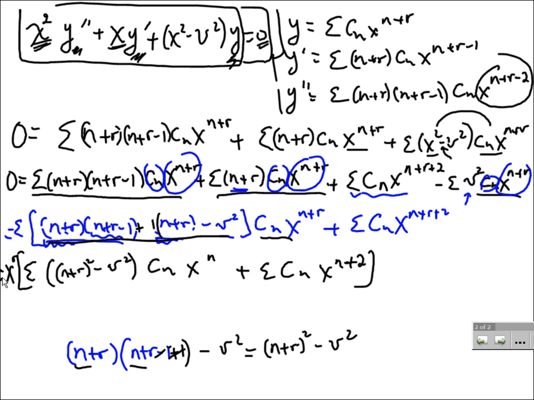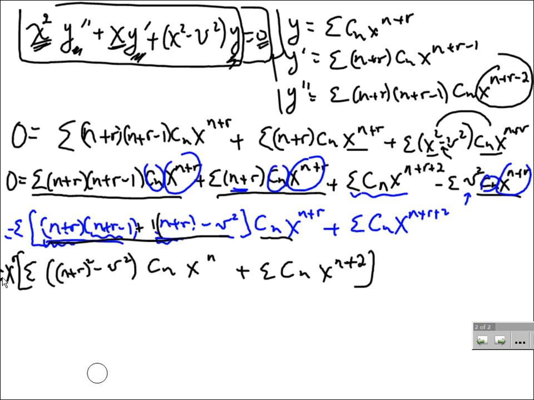Now, we'd like to get the power of the x's to both be the same. So I'm going to let n be k over here, and over here, I'm going to let n plus 2 be k. So we get x to the r. In the first case, instead of n going from 0 to infinity, n just becomes k.